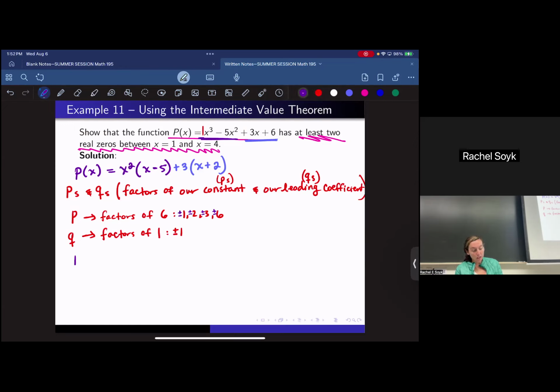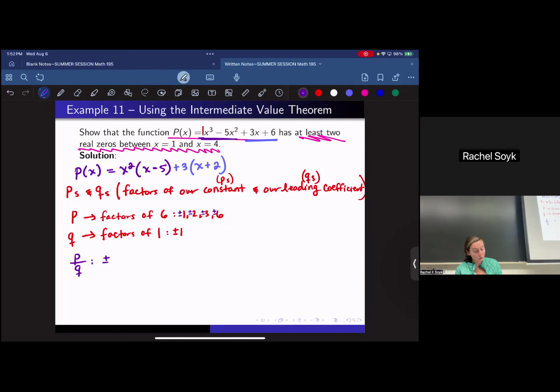And then the relationship between your P and Q is division. We're dividing the two by each other. So because it's plus or minus 1 here, we're essentially just looking at our P's.